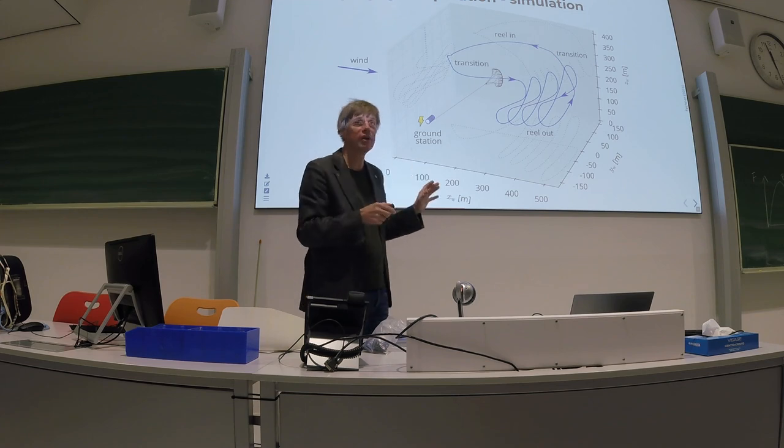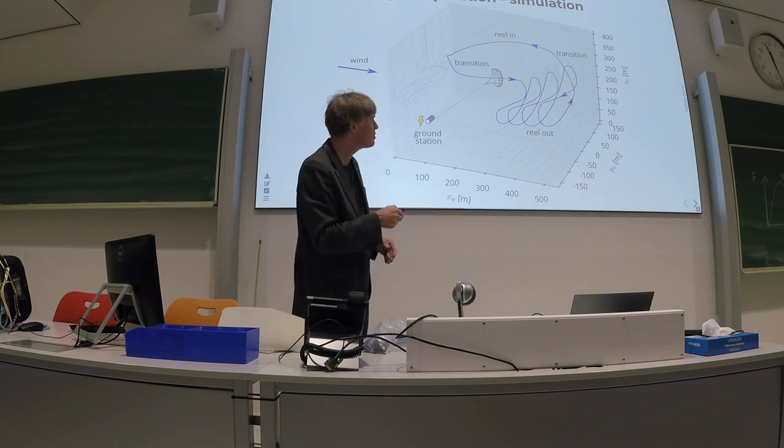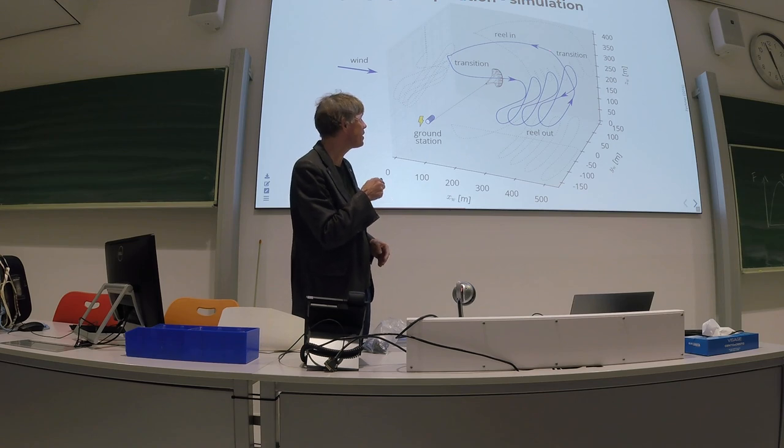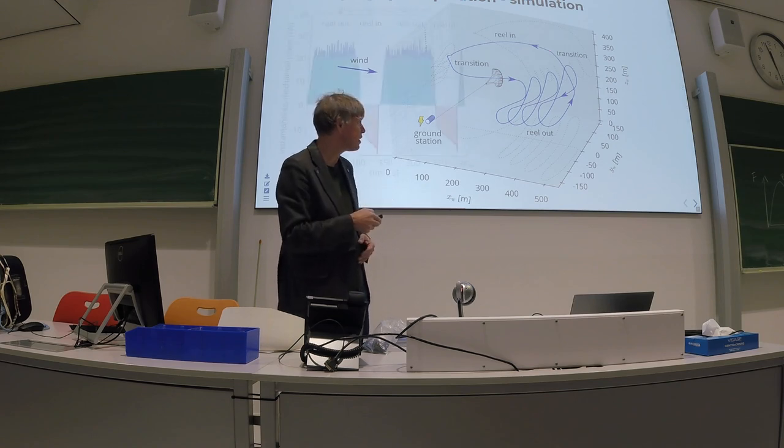This is simply a process because the kite here is not in an equilibrium position. So it flies to here and then we start reeling in and we have to transition again.